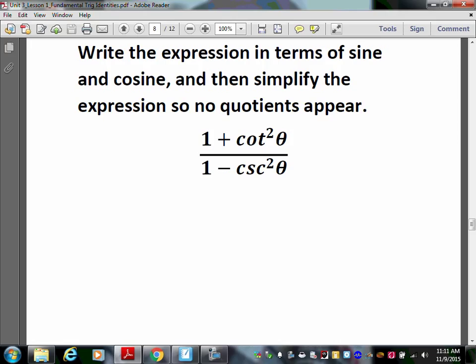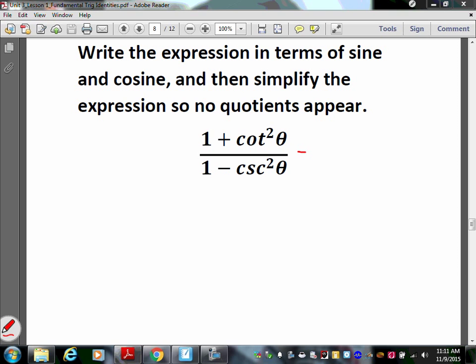Okay, so like a couple of the other ones, there's a couple ways to do this. I'm going to try and do what I think is the easier way. 1 plus cotangent squared is the same as cosecant squared.